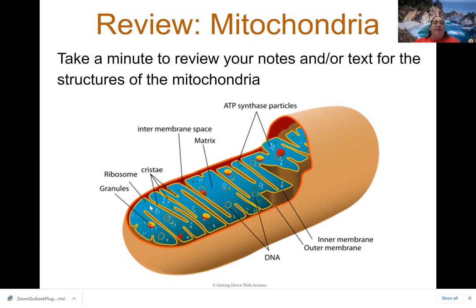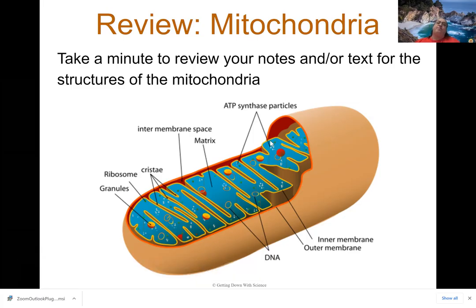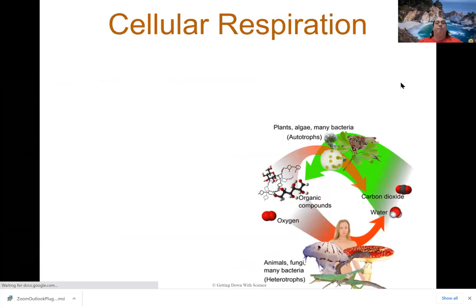That's really tied to this double membrane, in particular, this one that has all the little cristae, all the little folds in it. And the ATP synthase, they're going to be found in there. So you may want to, at some point, take a moment or two to go back and check your notes. Now might not be the best time, but that's totally up to you.